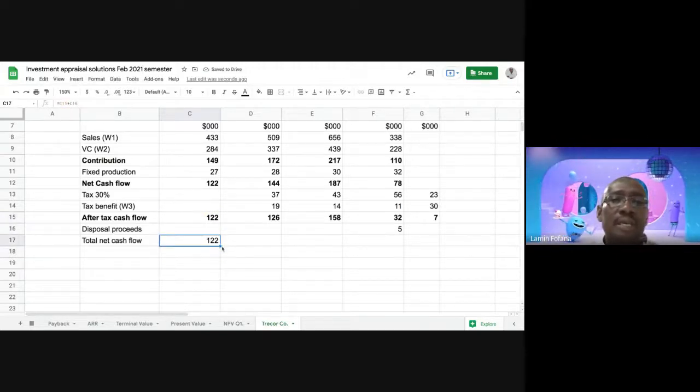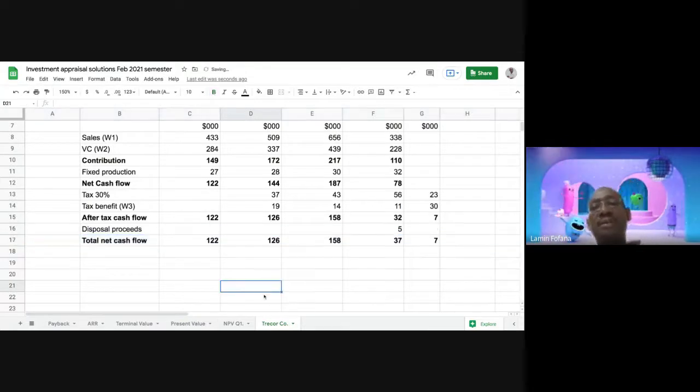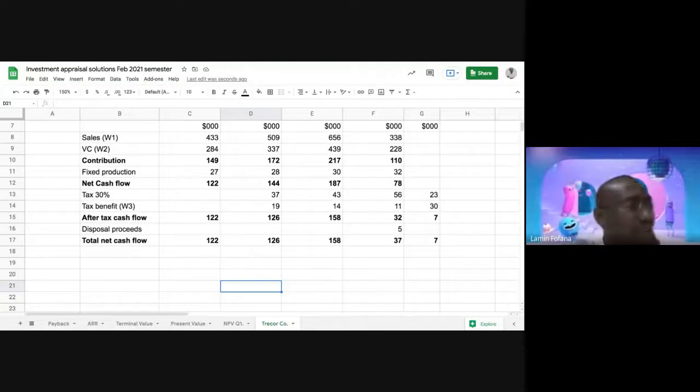Then that will be this. It is going to be the same for all of them, except the year when the disposal proceed occurs. So good. I hope you all understood what we've done so far. Okay, so now we have completed our cash flow statement.